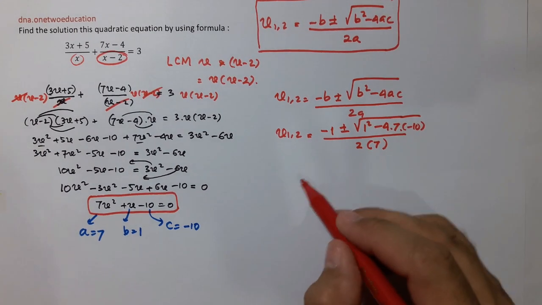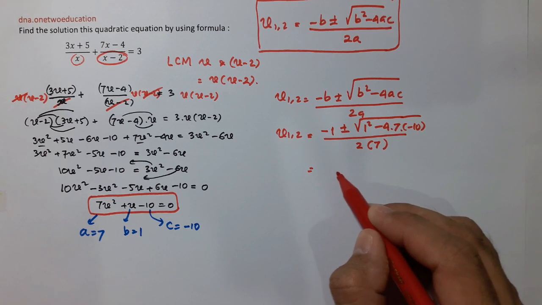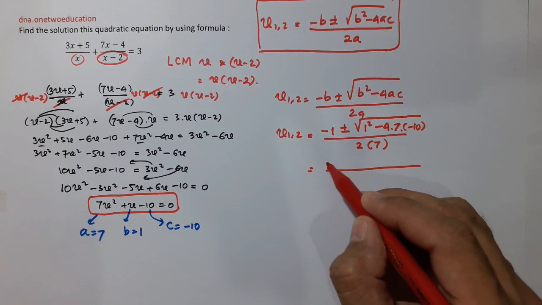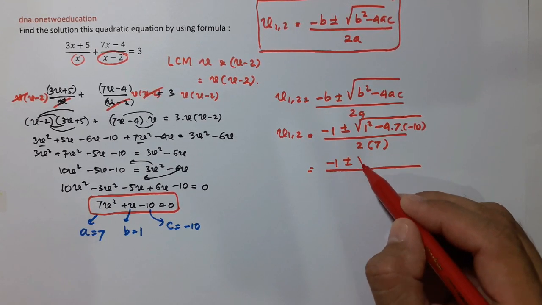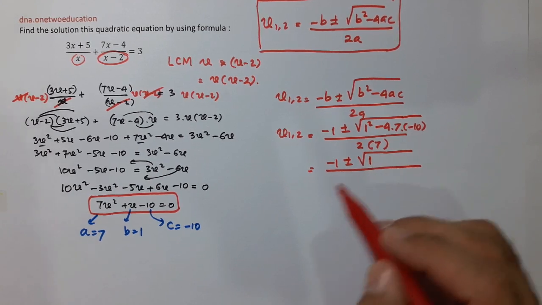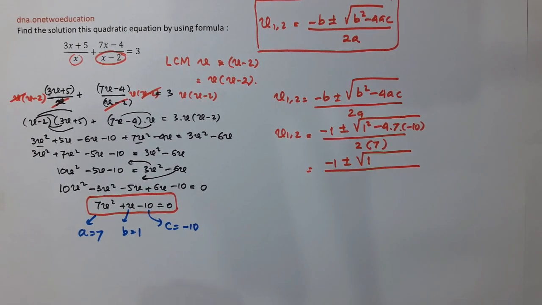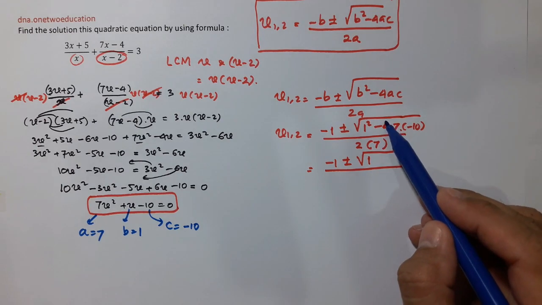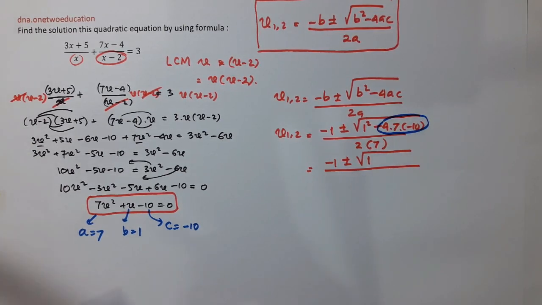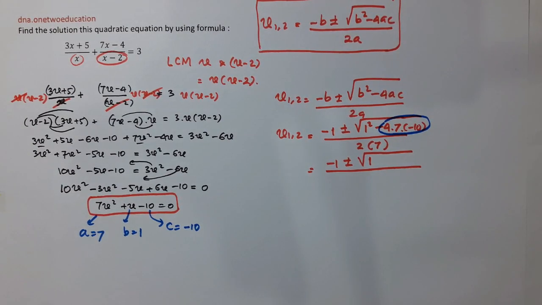Okay, students, continue again. So we got minus 1 plus minus root of 1 squared is 1. You have to multiply all the numbers first.